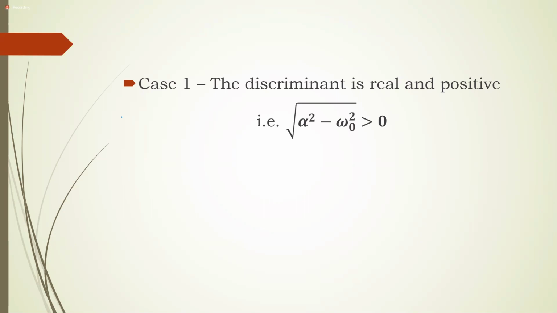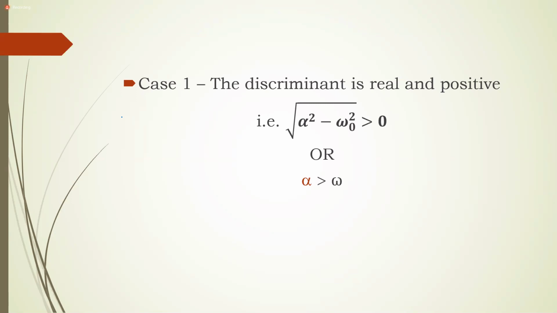So we have a positive value for the discriminant, and that is true if and only if alpha is greater than omega naught.